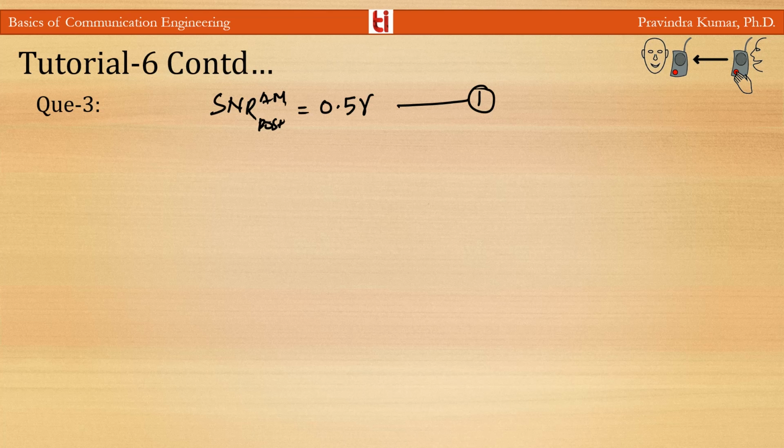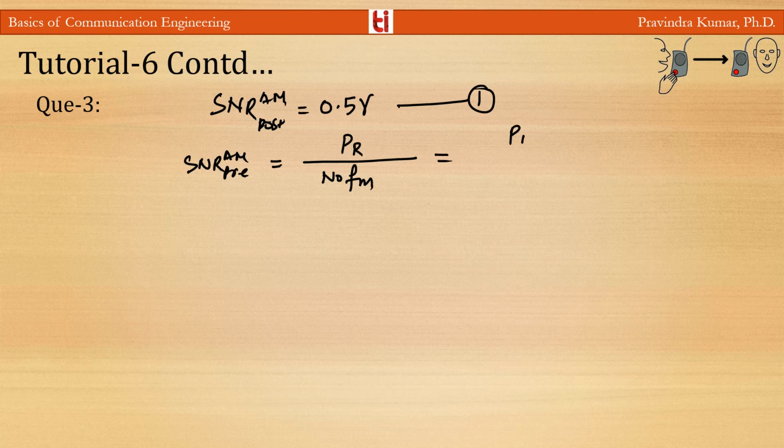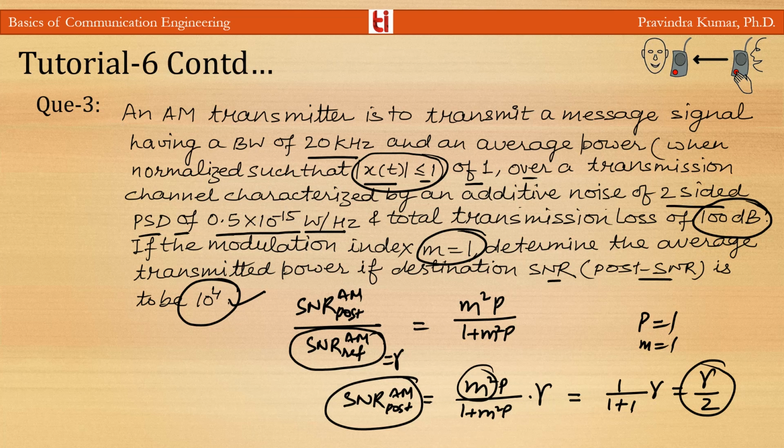We know the pre-SNR for AM system is the average power of the AM wave divided by the average power of the noise in the message. So the received power PR by N naught FM, and we can write it as PR by, we have been given the two-sided power spectral density N naught by 2 as 0.5 into 10 to the power minus 15.